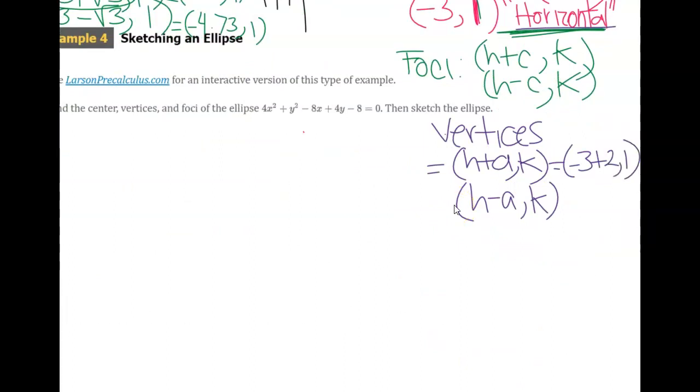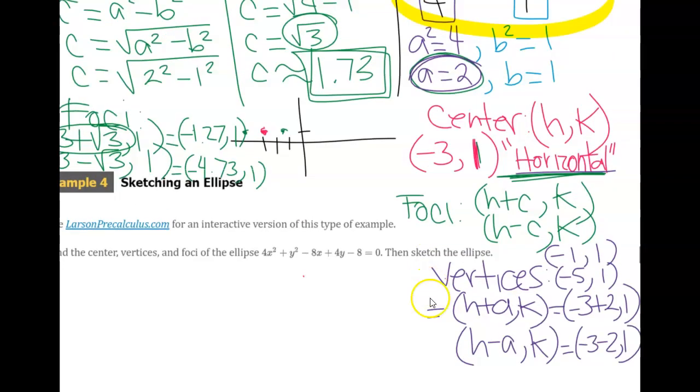That's the value of k. And the other one is going to be negative 3 minus 2, comma 1. So then the two vertices will be negative 3 plus 2 is negative 1, so negative 1, comma 1. And the other one will be at negative 5, comma 1.